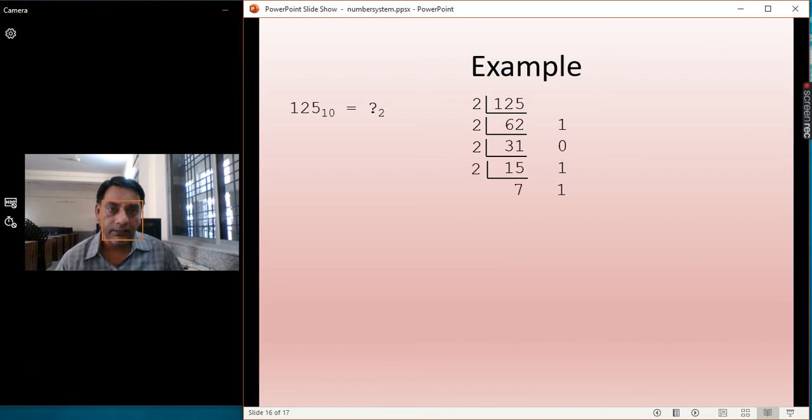The process goes on till you achieve 0 or 1 at last. So at last you achieve 1, and when you write the number from MSB to LSB, you can write 111101. You can see here the result.